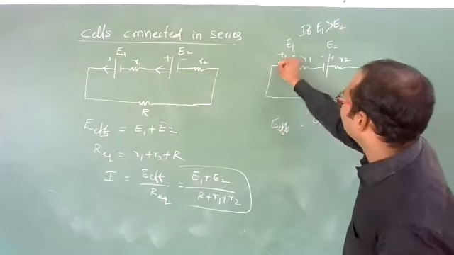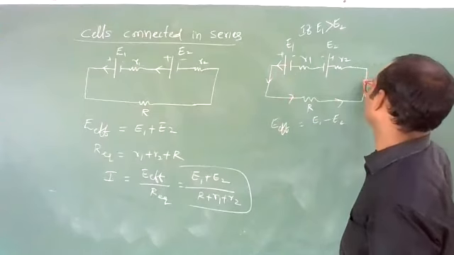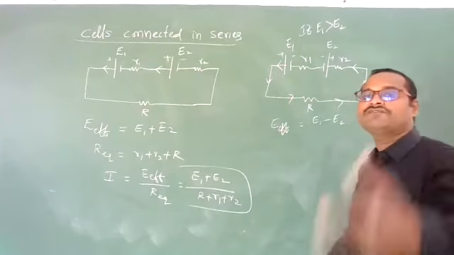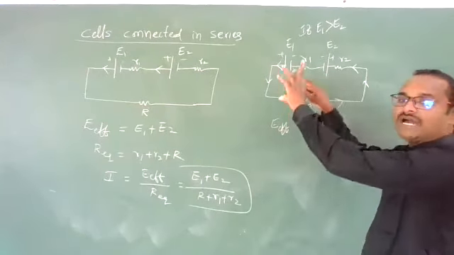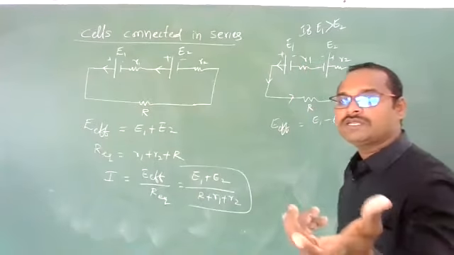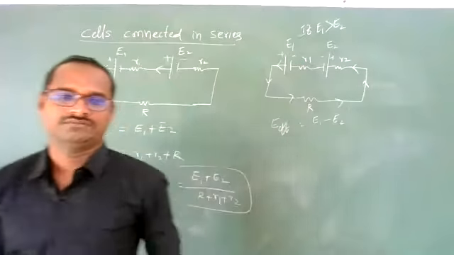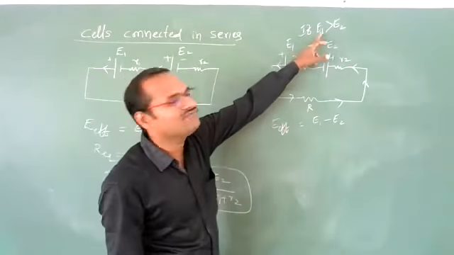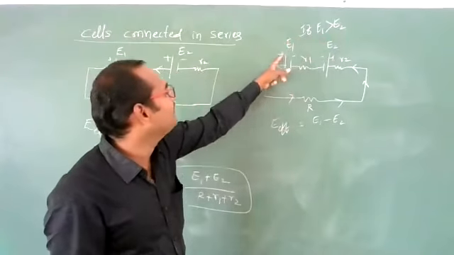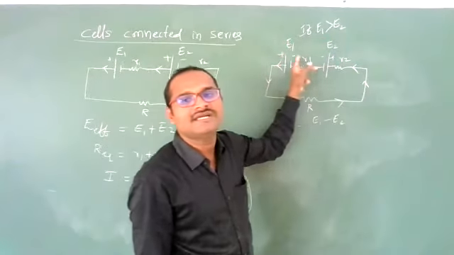That means current will flow in this direction. Means the direction of flow of current when the two batteries are connected in opposite direction depends upon which battery's EMF is more. Let us suppose the E1 battery EMF is more. Then current will flow in the direction of that E1 battery.